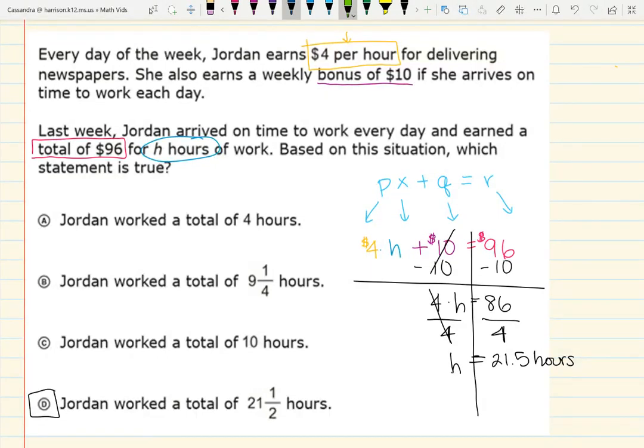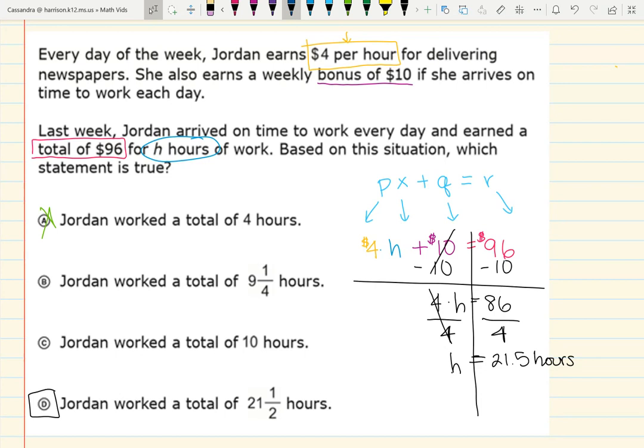Anyway, all right, Jordan worked a total of 4 hours. Why do you guys think that they would put 4 hours as a total? Well, $4 per hour. If a kid were to be looking quickly and not really strategically thinking about what these numbers mean, they might just see $4 per hour and pick A because they see 4 next to the word hour. All right, so that's a distractor if you're not thinking deeply into this.